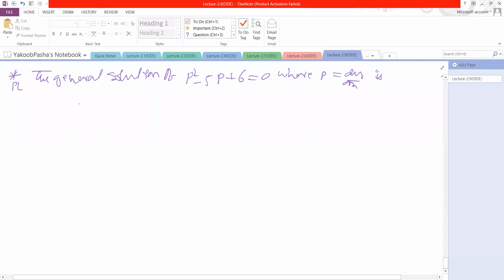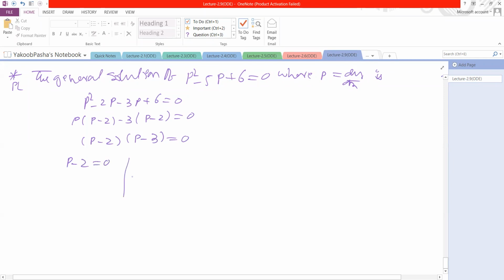So we can write the factors here. 2 and 3, minus 2 and minus 3 are the factors. So p square minus 2p minus 3p plus 6 is equal to 0. So p of p minus 2 minus 3 of p minus 2 is equal to 0. So here p minus 2 into p minus 3 is equal to 0. Equating each factor to 0, p minus 2 is equal to 0 and p minus 3 is equal to 0.